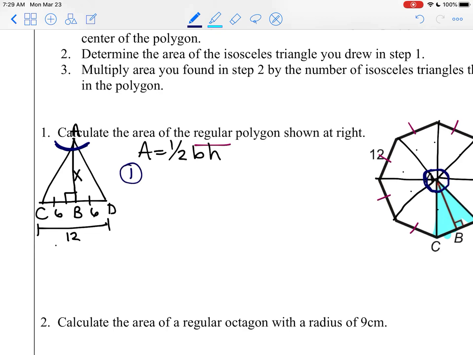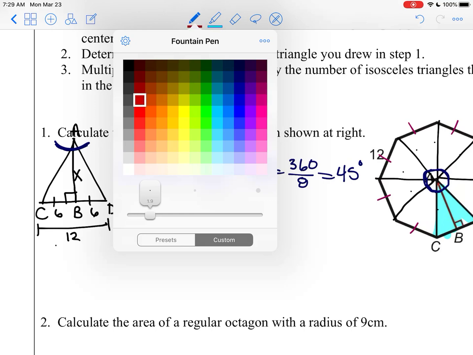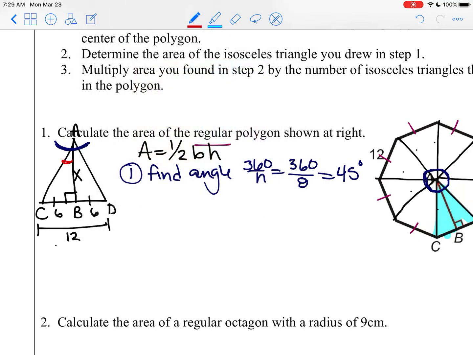So first thing I'm going to do is to find the angle. I am going to do 360 divided by n. In this case, n is equal to 8. So it's going to give me 45 degrees. But that's the large angle. I only want this part of it.